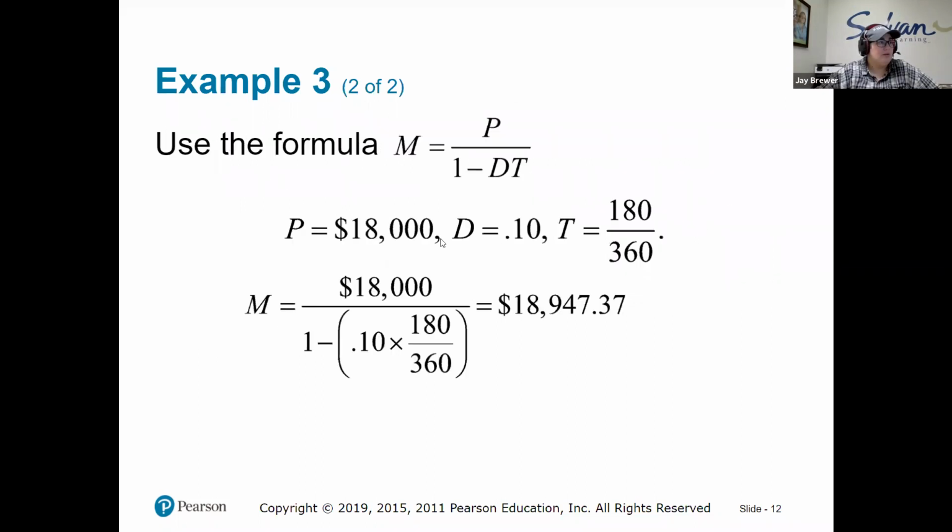So you plug everything in. She's going to have to pay back almost $19,000. That's not to mention the price of the car. All right.